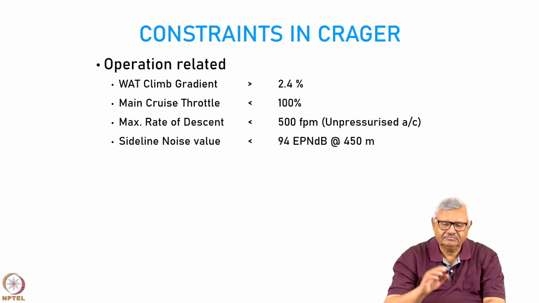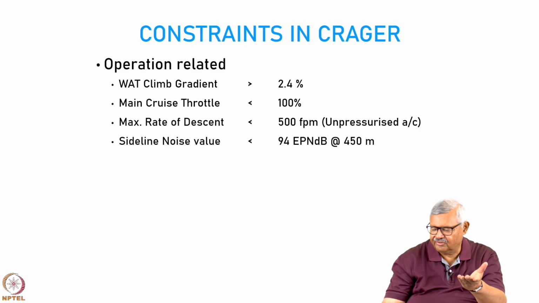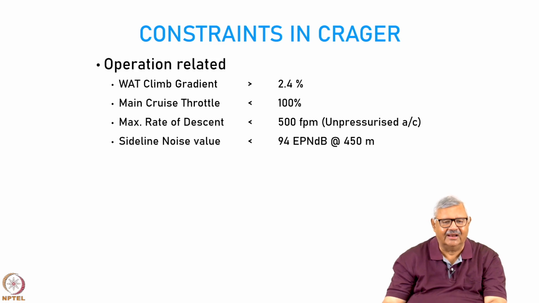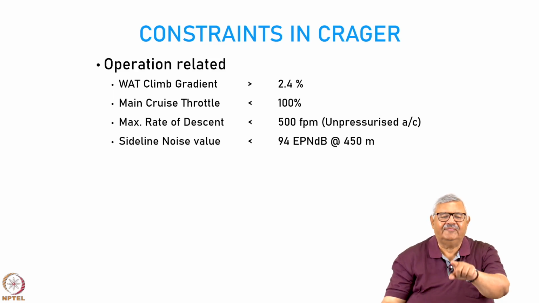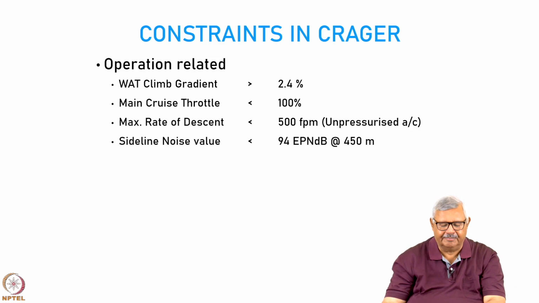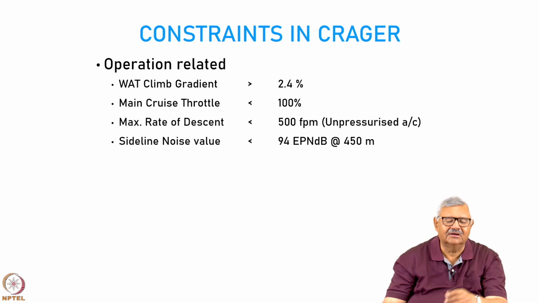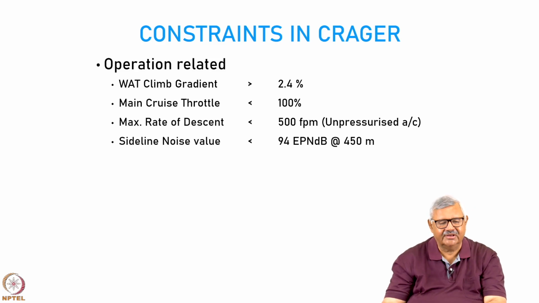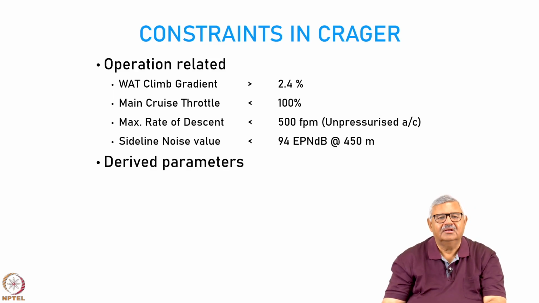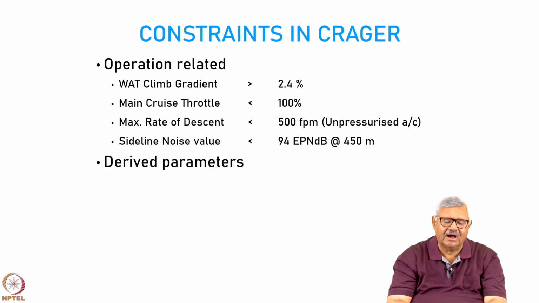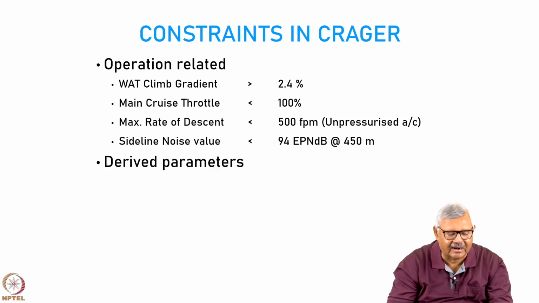So, there is a limit of 94 equivalent perceived noise level in decibels. This is based on the noise regulations prevalent at that time. This affects the propeller RPM, it also affects the maximum thrust that the engine produces. Then these 4 are actual operation related parameters.